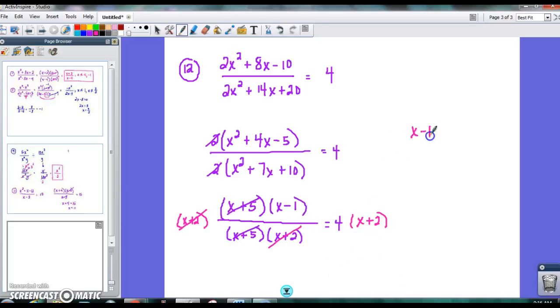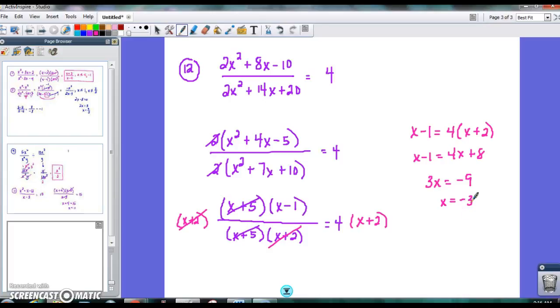Now I'm left with x minus 1 is equal to 4 times x plus 2. That's a very easy problem to solve. You just have to distribute and then solve. You end up with 3x is equal to negative 9. So x comes out to be negative 3.